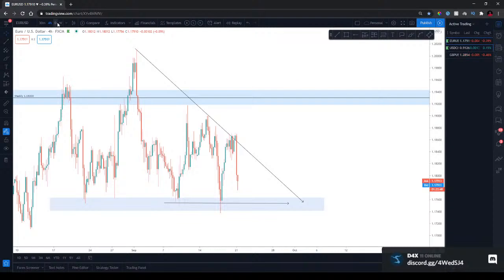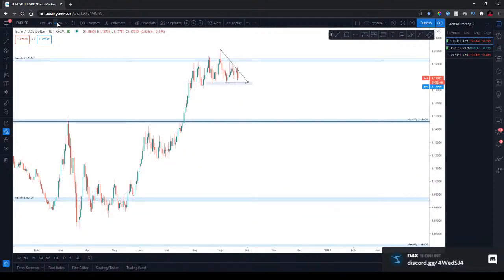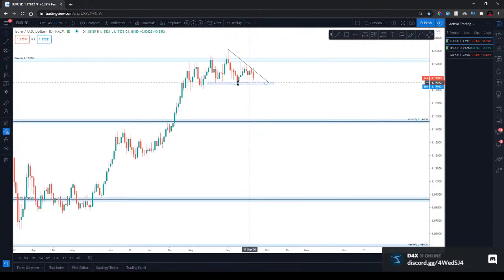But Euro USD, I actually posted a relatively deep analysis on this pair a week ago, and we can see price has come up to this weekly level, and I'm looking for price to reverse from this weekly level, and that falls in line with the last 2 pairs that we went over in accordance with the DXY.